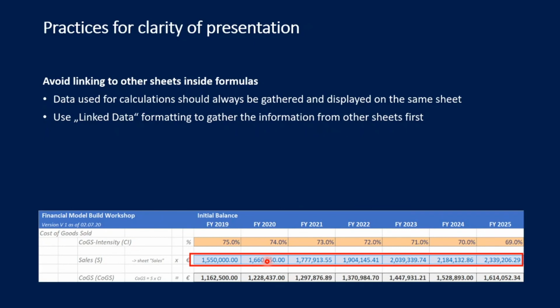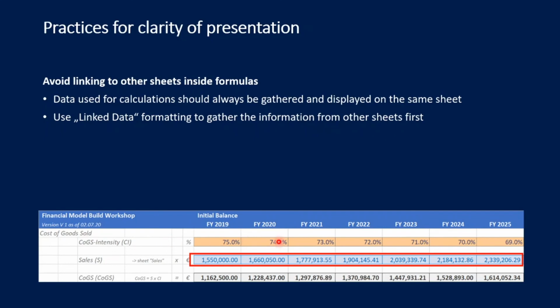Here is a formula that does the calculations, just like the cost of goods sold down here. So obviously here is a formula. This formula only uses this data and this data, but is not linked to another sheet. Of course, the cost of goods sold is calculated based on the cost of goods sold intensity that is given here.